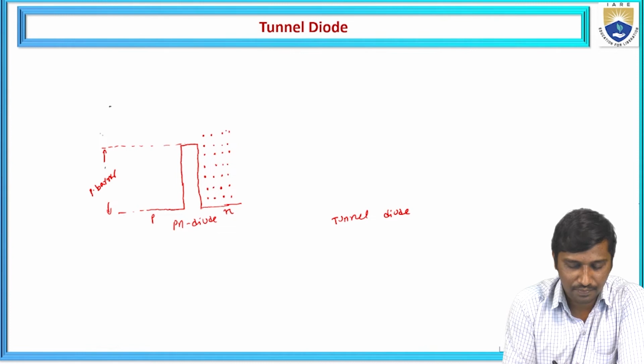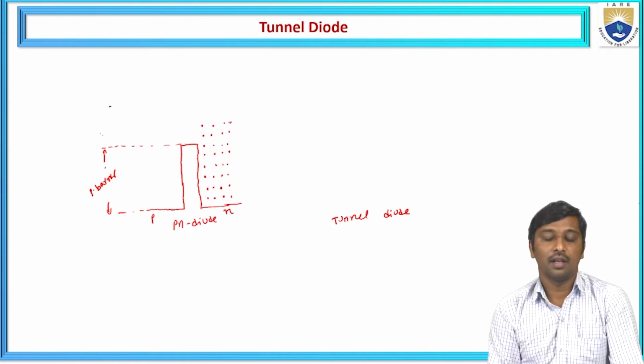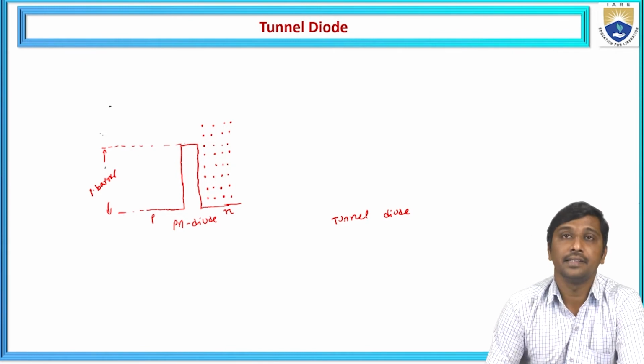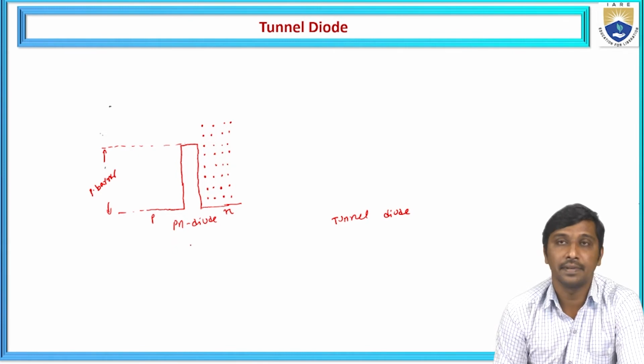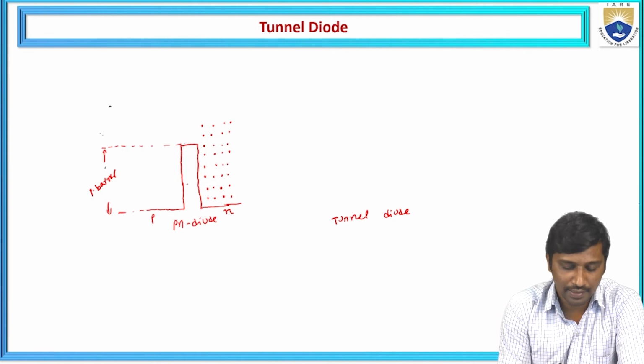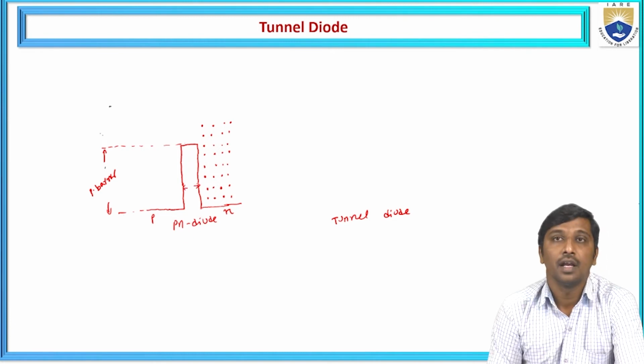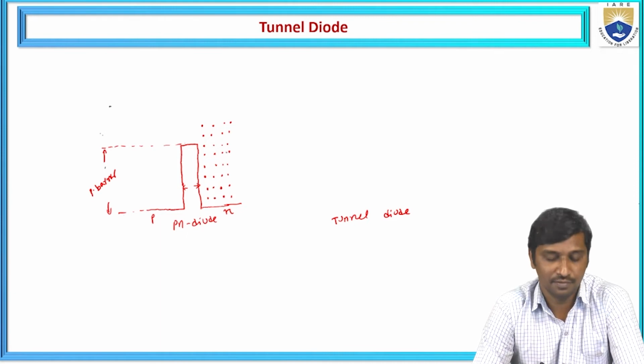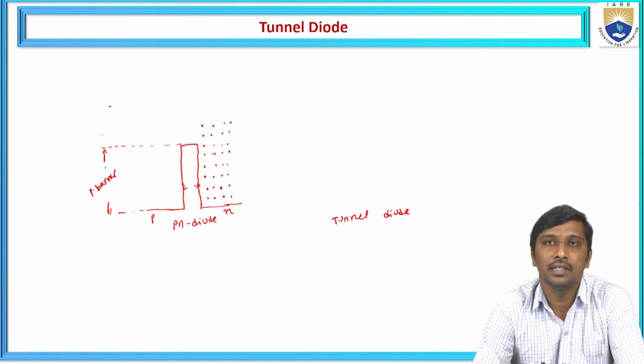And in this case, if you consider this normal PN junction diode and this space charge region, if you want to diffuse the charge carriers from one region to the other, the condition should be that the energy of the electron is higher than the potential barrier of this space charge region. Then only the electron diffuses from the N side material to the P side material.